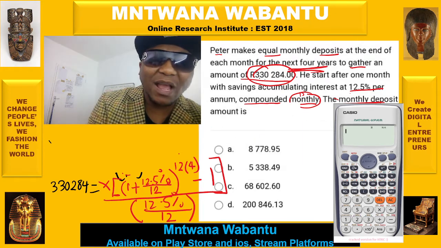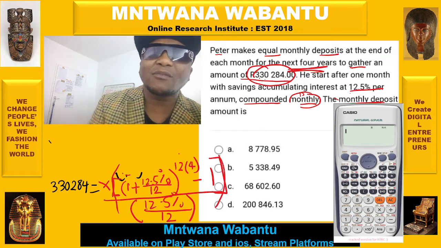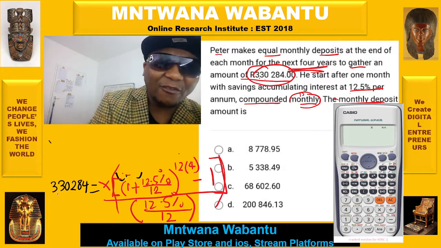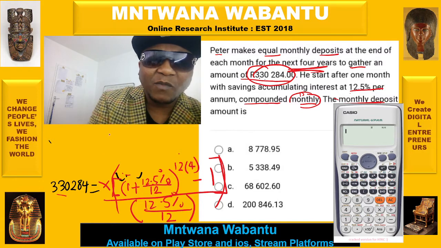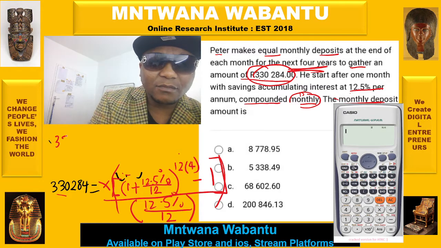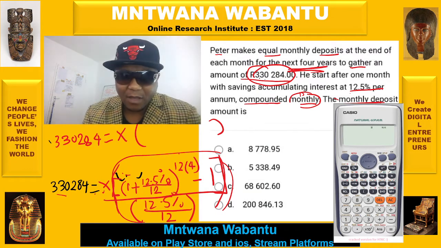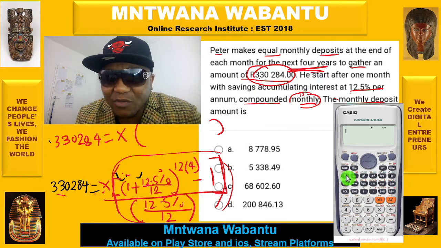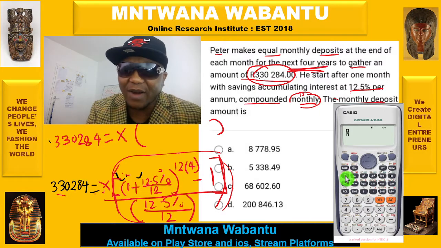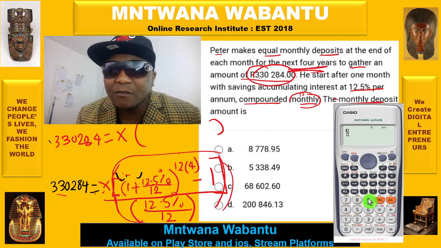So what I'm going to do is take my calculator and plug in all of this stuff and see what we get. On the left I have 330,284, which equals my x. So I'm going to plug in the one on the right-hand side, the one which is after x.